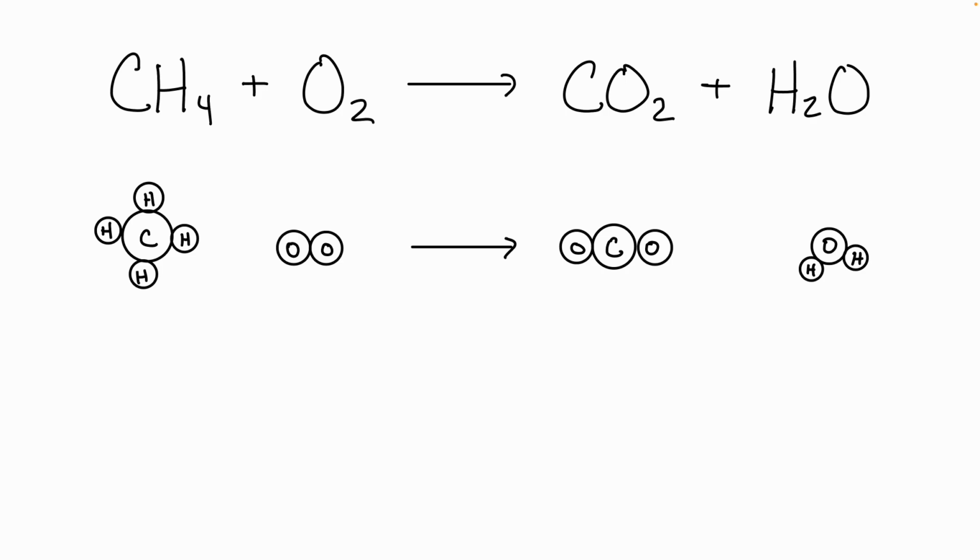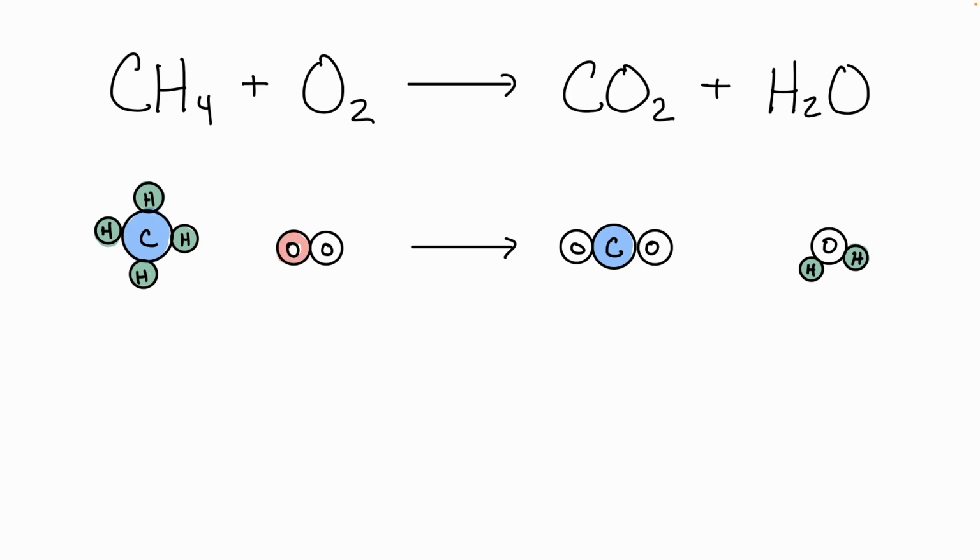Okay, what I want to show is that as written, we have a conservation of matter violation here. All right, if I'm going to color these in to make them a little bit easier to see, I have 1 carbon atom on my reactant side and 1 on my product side. That's cool. But I have 4 hydrogens on my reactant side, and I have only 2 on my product side.